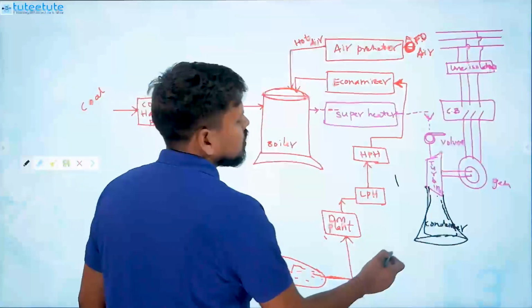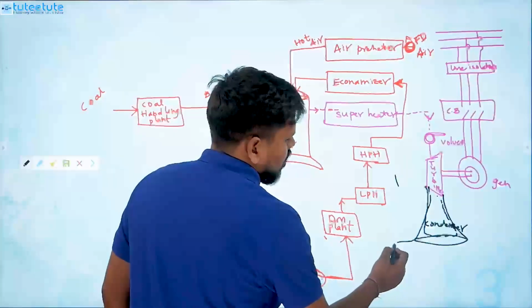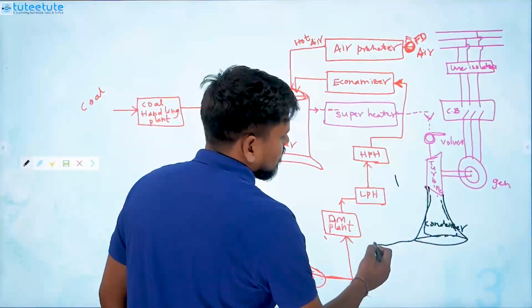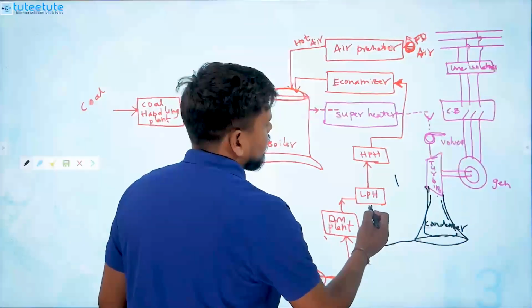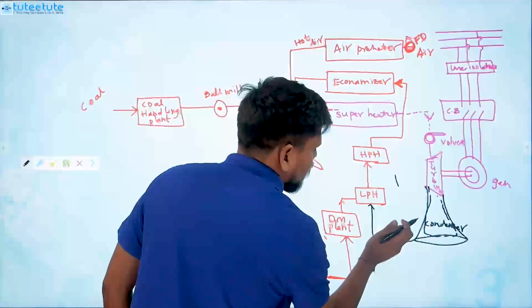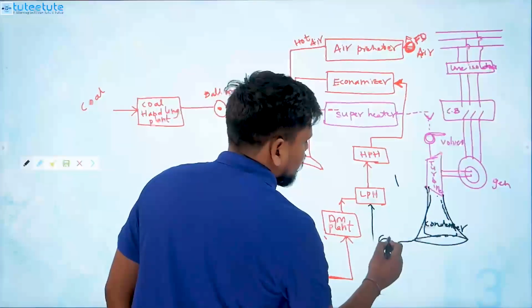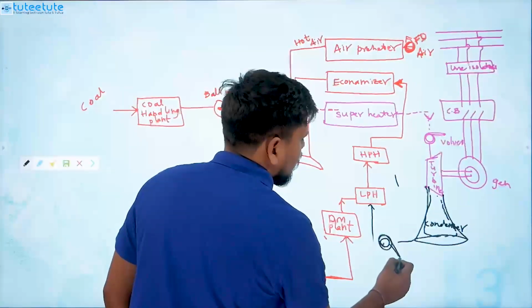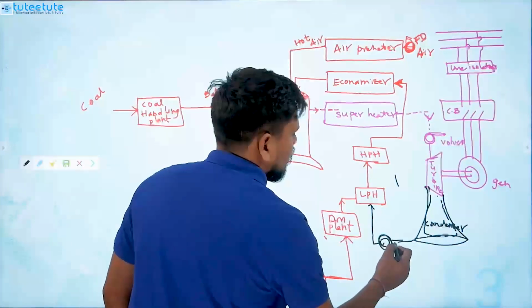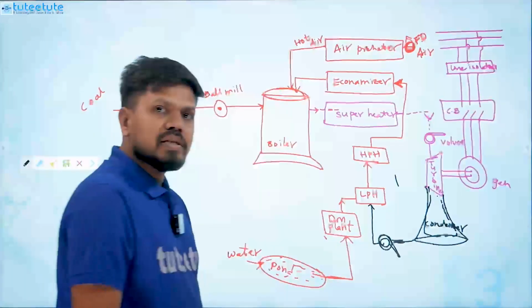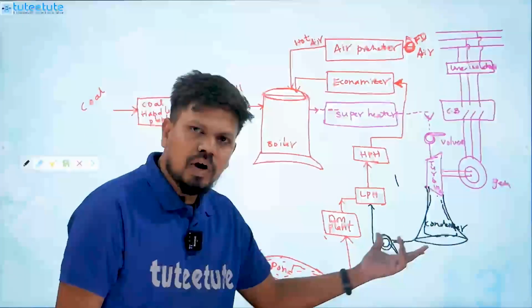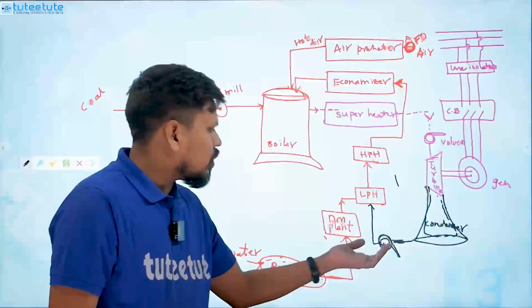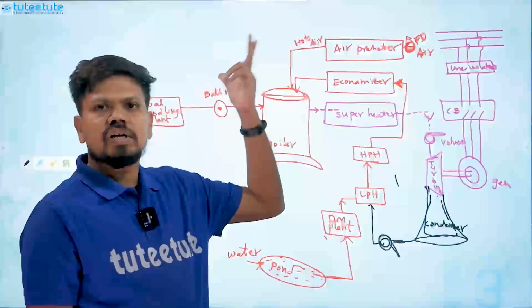So whatever water you got, you can just send into the low pressure heater again, by using some valve here. We are sending the water we get here into the low pressure heater again.